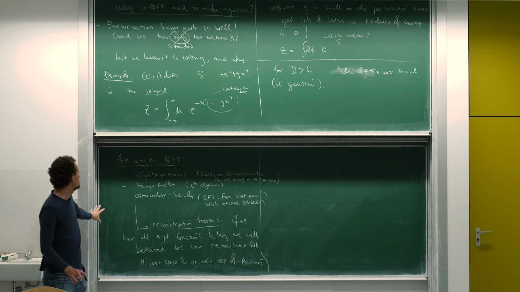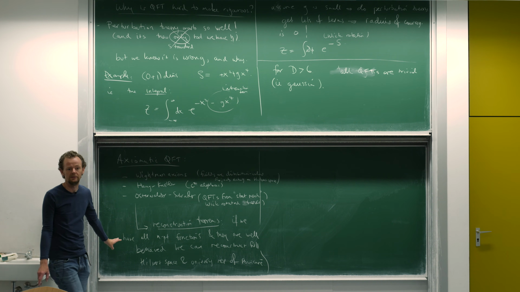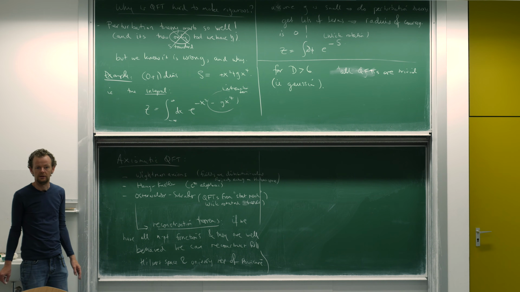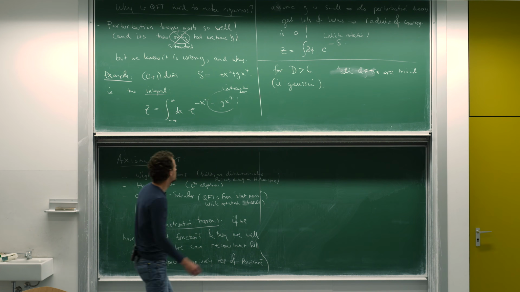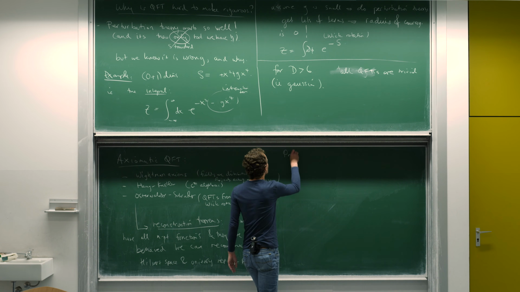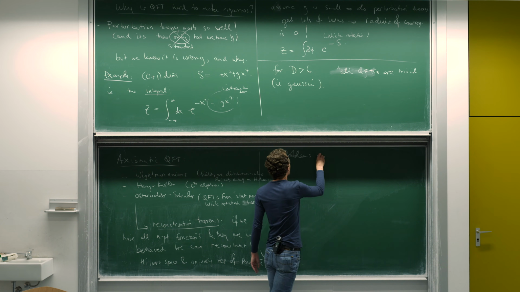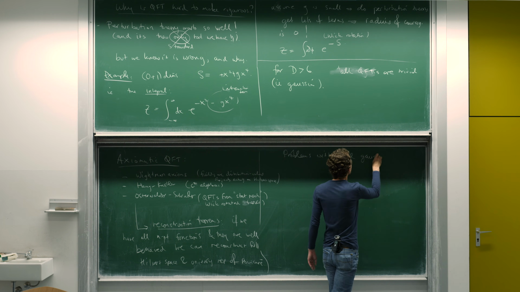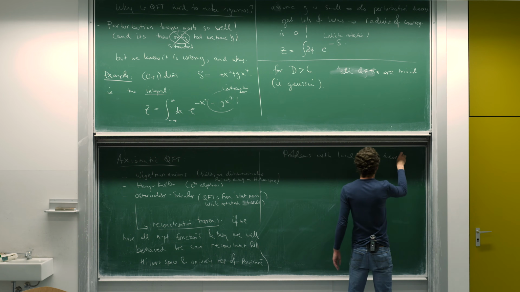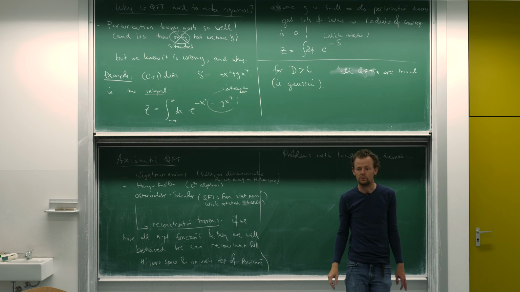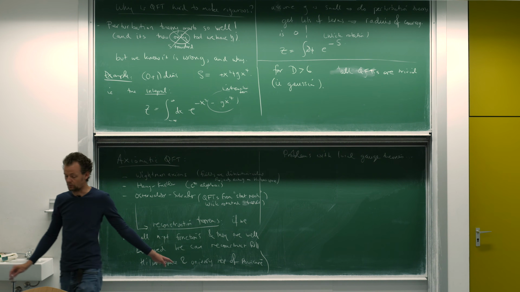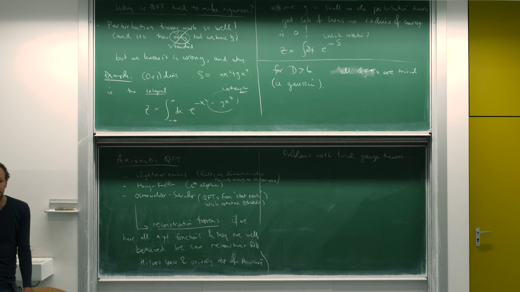And that's a largely successful program in mathematics, but it's sort of stopped when it comes to gauge theory. This is where the current research is more or less at. If you want to prove a reconstruction theorem for local gauge theories, there is work in this direction, but it's still very much open research topics.